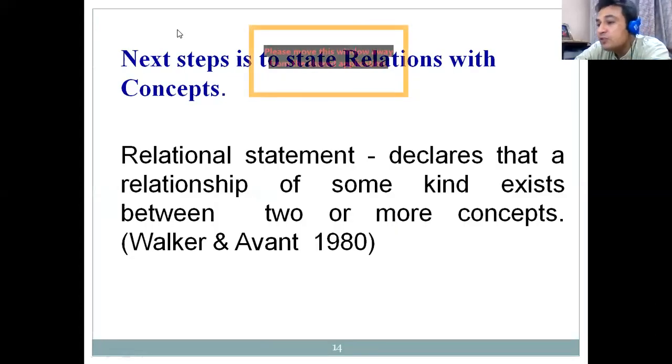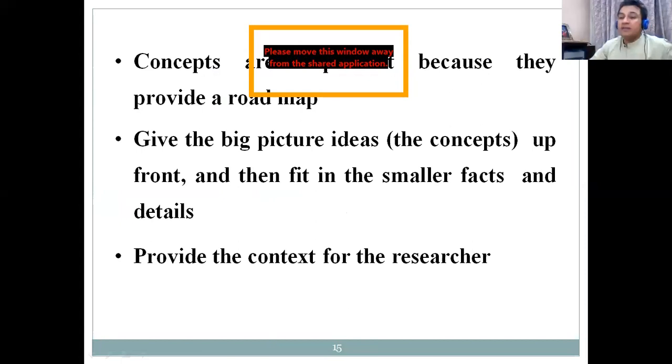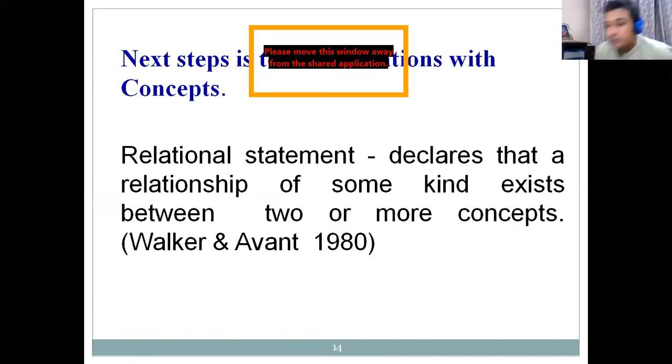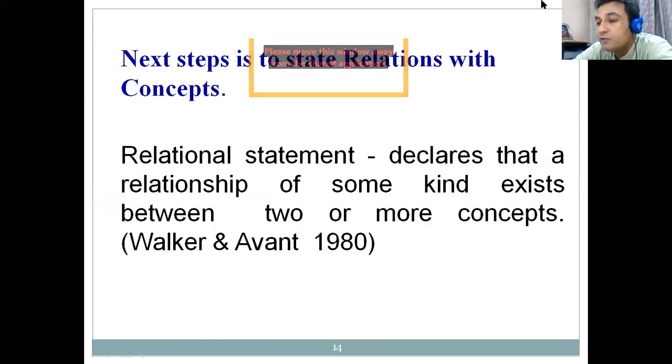So a relational statement declares what kind of relationship exists between two concepts. Like if I say there are social relationships, in one of the conferences I was in, they were talking of COVID-19 and all. A very beautiful observation came from a person from social sciences.